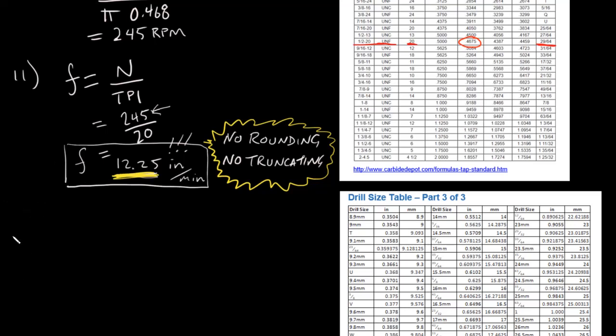And now we're going to find the time that it takes to tap this hole. So I expect probably less time than drilling the hole, but could be surprised. So MRT is equal to L over F. So we're only going to go down to 0.6 inches, so L is 0.6 and 12, and our feed rate is 12.25.